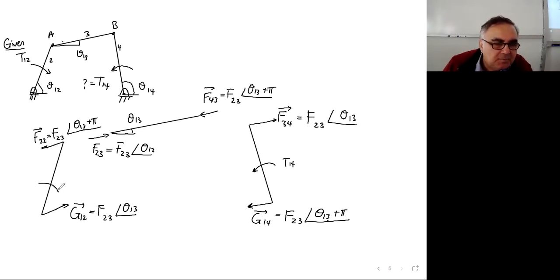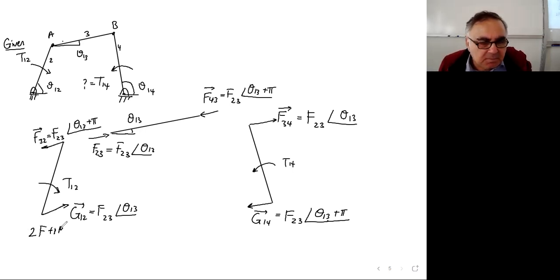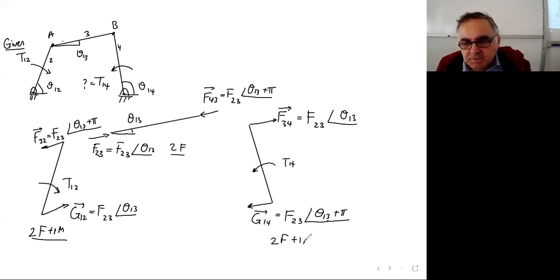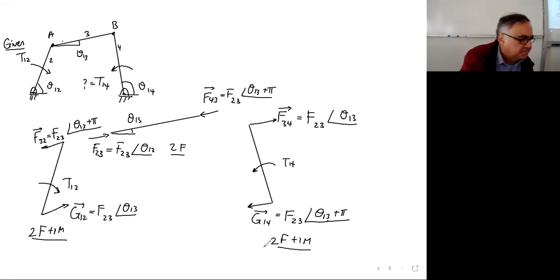And also we have T12. T12 is known. So these are the free body diagrams. This is a 2-force plus 1M member. This is a 2-force member. And this is again 2-force plus 1M member. Okay.